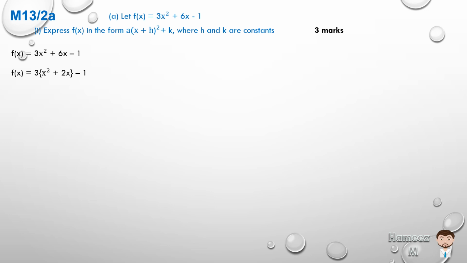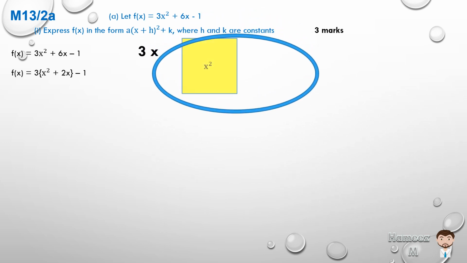Now, there are quite a few ways to move it from the original form into the form of completing the square. I found that my students have the best grasp when we use algebra tiles. So we're going to do that here. Notice that we have 3 times x squared plus 2x minus 1 in curly brackets. So let's bring that up. We have 3 times, and let's put a little oval here, x squared.